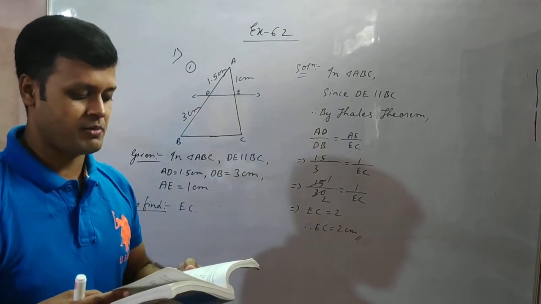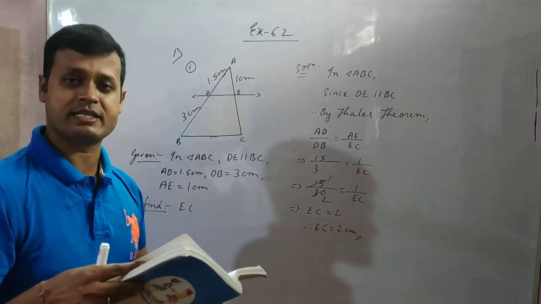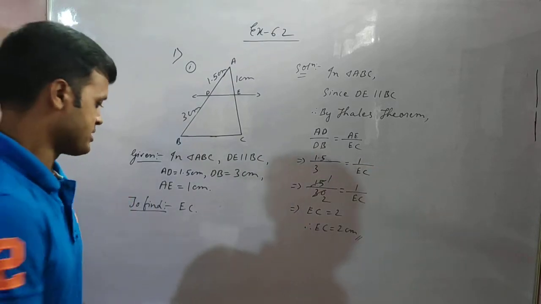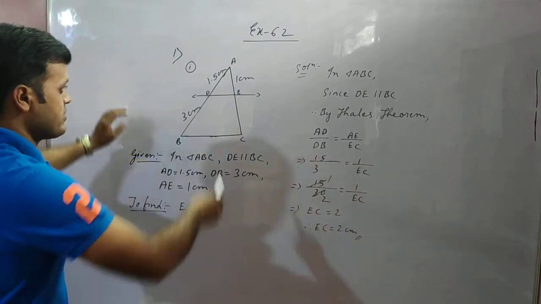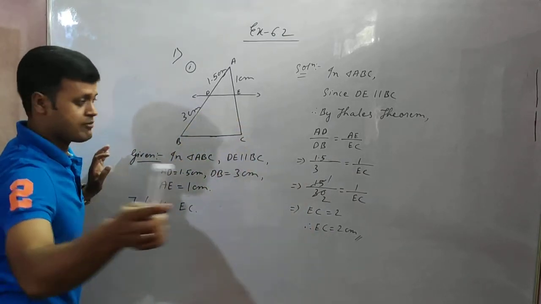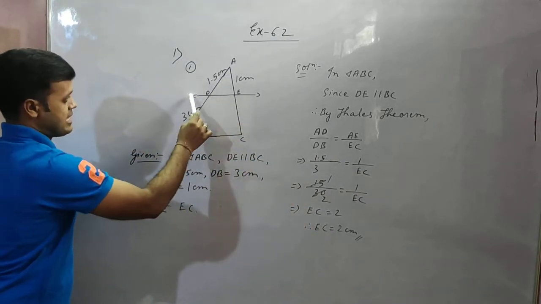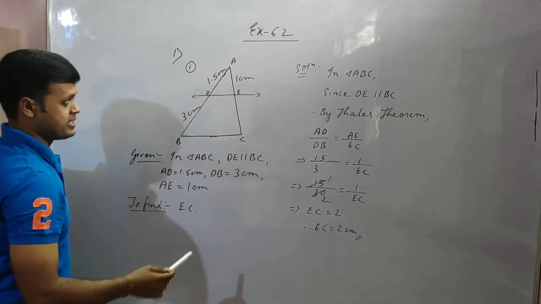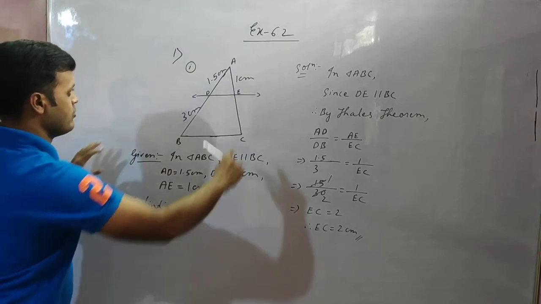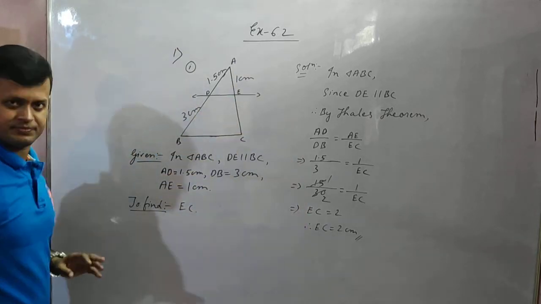If a line is drawn parallel to one side of a triangle to intersect the other two sides in distinct points, the other two sides are divided in the same ratio. That means if DE is parallel to BC, then AD by DB will become equal to AE by EC.